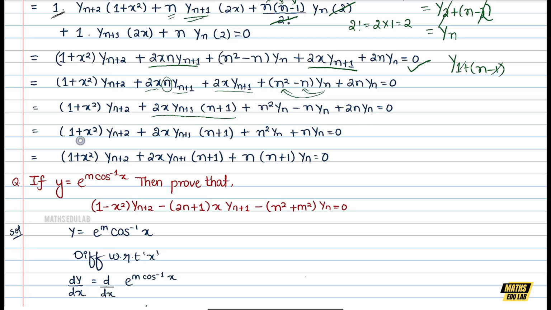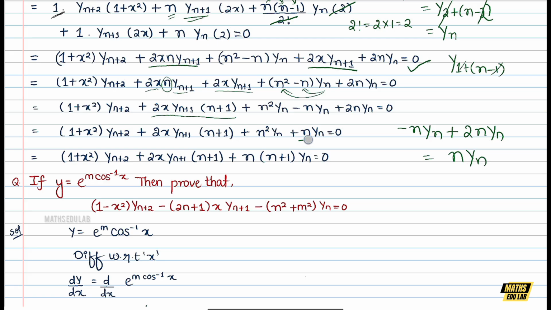In the next step, the value will get subtracted, that means minus n yn and then plus 2n yn, that is n yn.